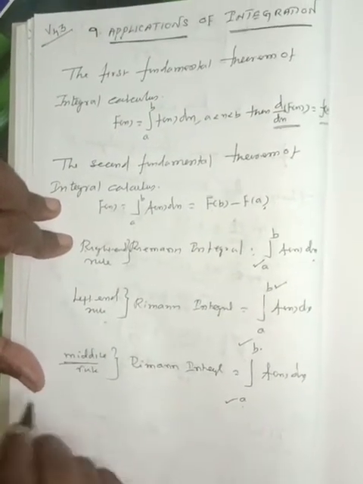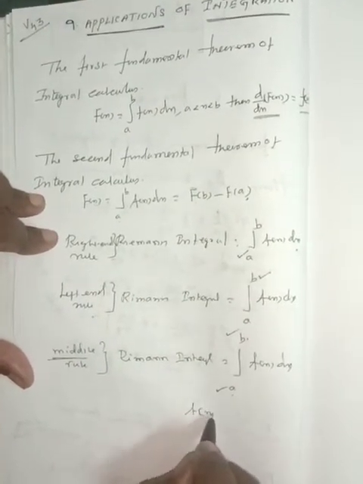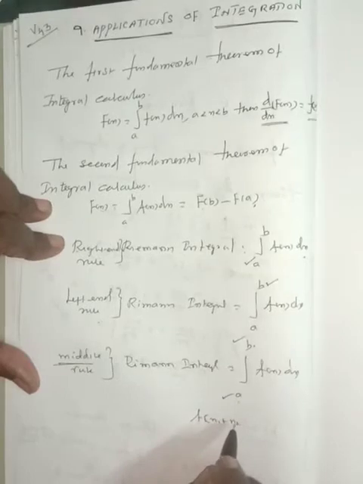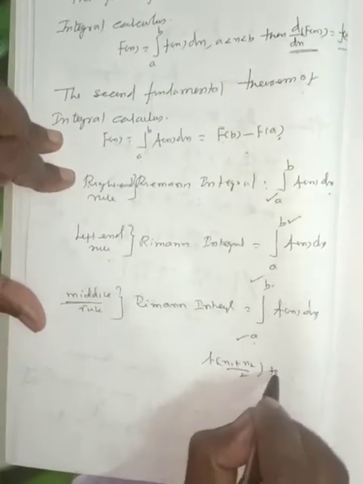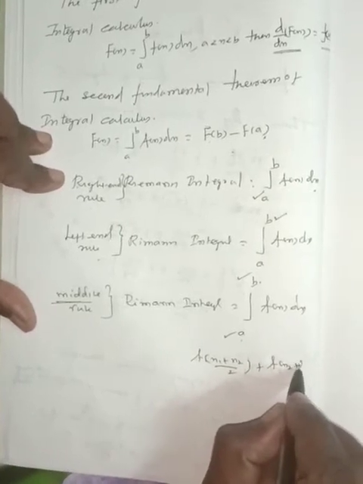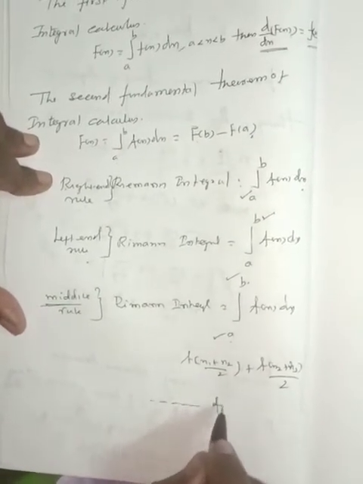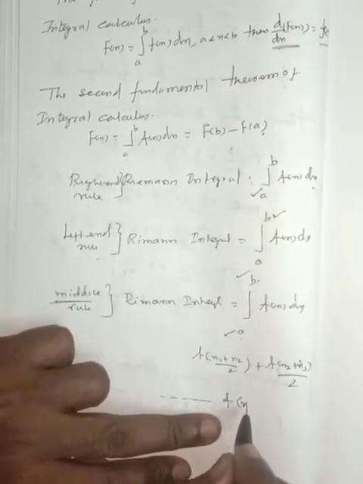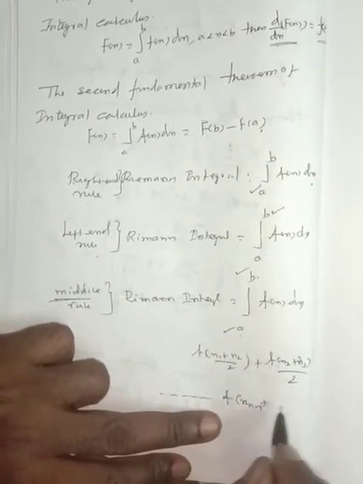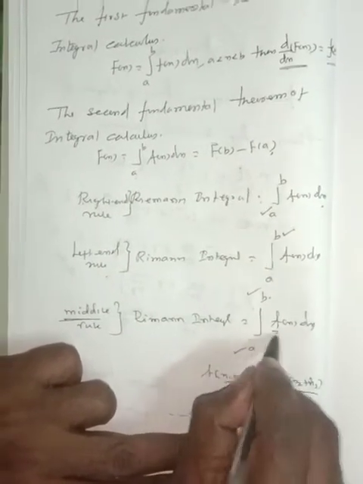Taking the middle means a midpoint. So f of (x1 plus x2) divided by 2, the average, plus f of (x2 plus x3) by 2, and so on, to f of (x(n minus 1) plus xn) divided by 2. This is the middle rule.